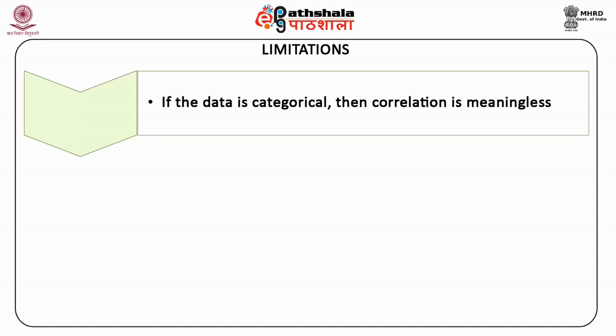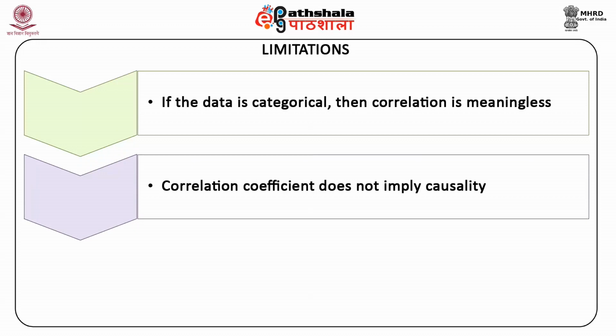The third, the correlation coefficient does not imply causality, that is, it may show that two variables are strongly correlated, however, it doesn't imply that the variables are responsible for each other.